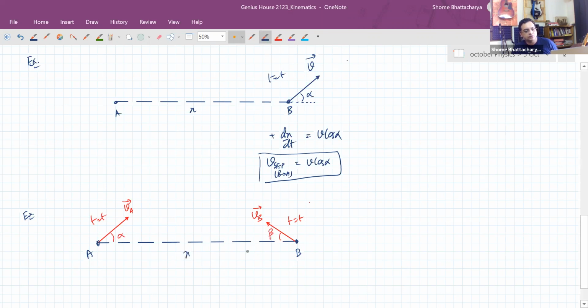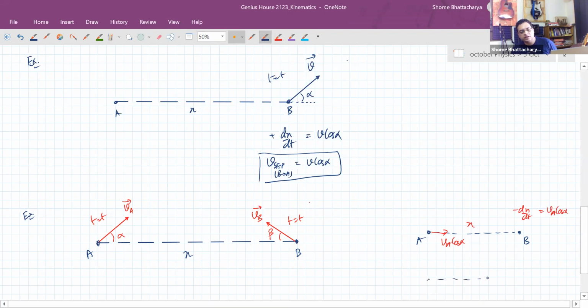Then again you can use superposition. Suppose only A had been moving and B had been stationary. Then this component of velocity, VA cos alpha, would have contributed like this, so minus dx by dt would have been VA cos alpha. On the other hand, suppose only B had been moving and A had been stationary. Then this component of velocity VB cos beta would have contributed too.